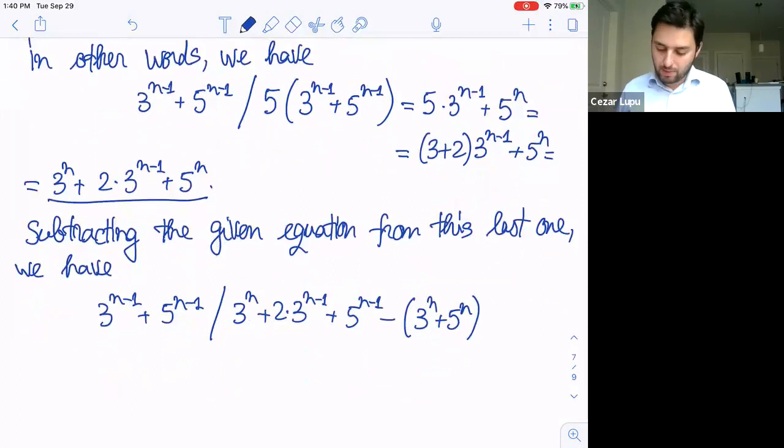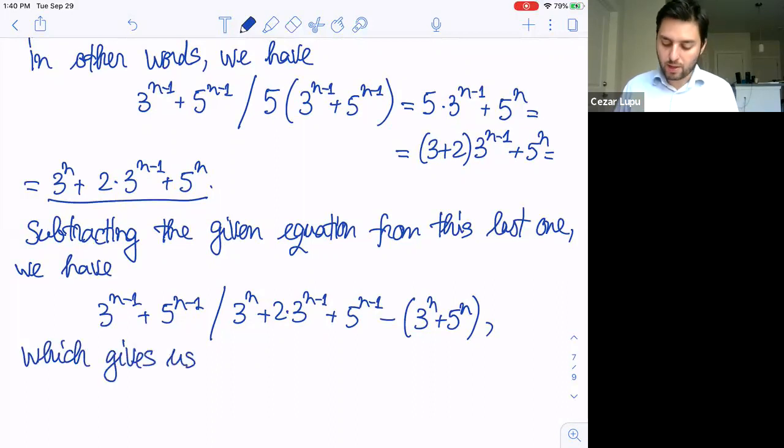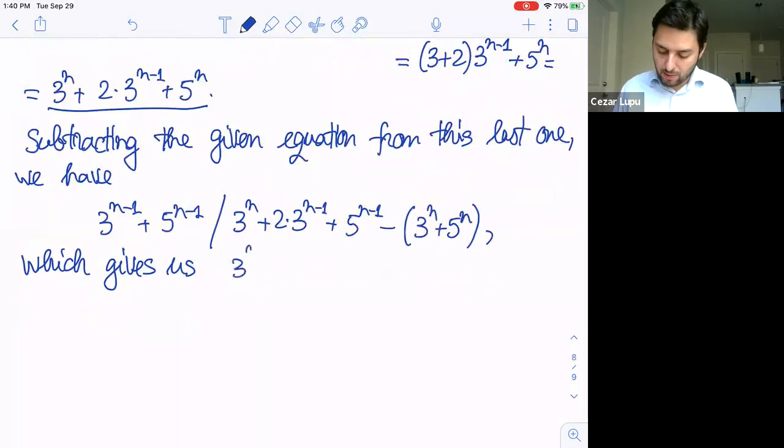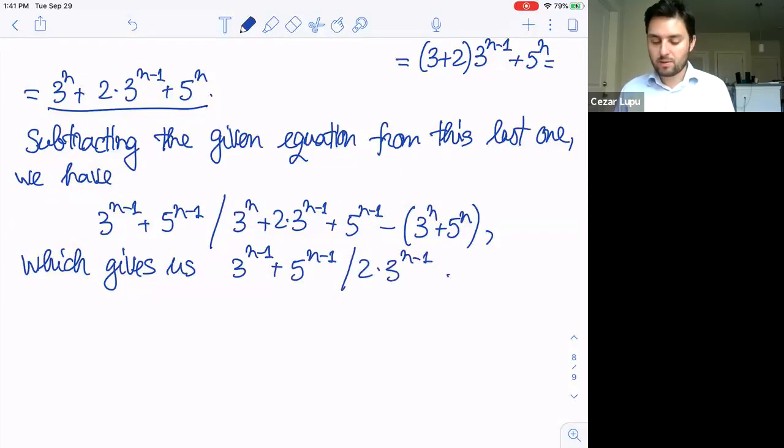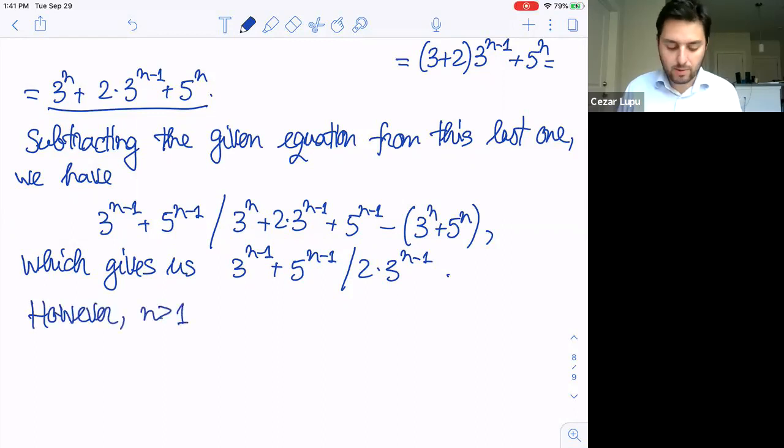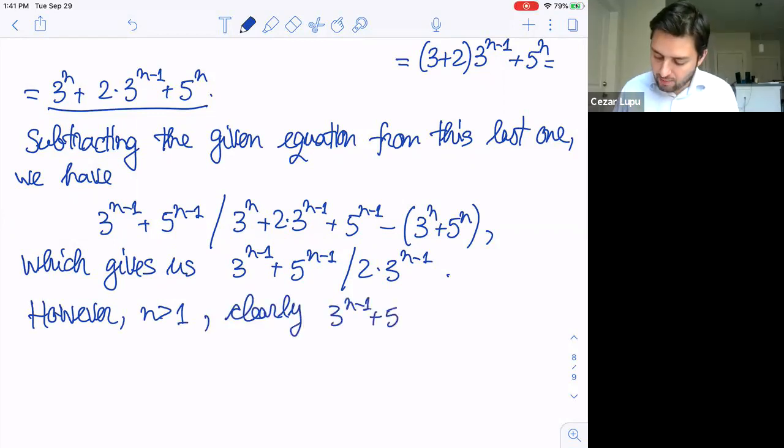So this gives us that 3 to the n minus 1 plus 5 to the n minus 1 divides 2 times 3 to the n minus 1. Well, this cannot happen for too many n's. For n greater than 1, clearly 3 to the n minus 1 plus 5 to the n minus 1 is greater than 2 times 3 to the n minus 1.